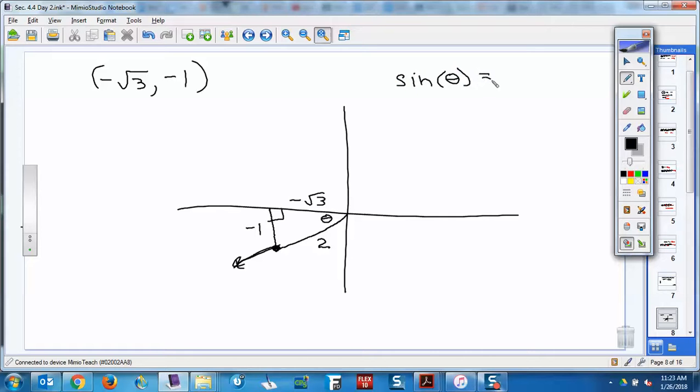So sine theta would be opposite over hypotenuse. Now, isn't that interesting? That is one of our special values. What angle is theta right now? We can tell just from that. Isn't that a 30 degree? Think about your unit circle here.